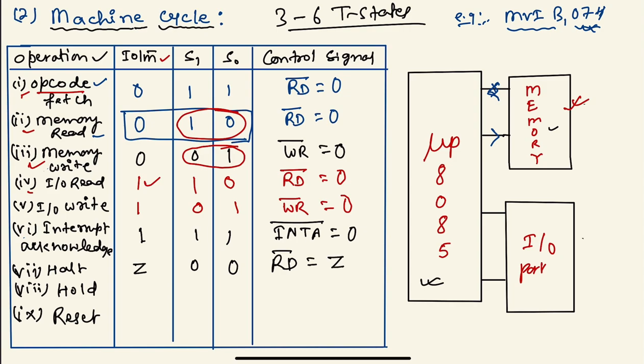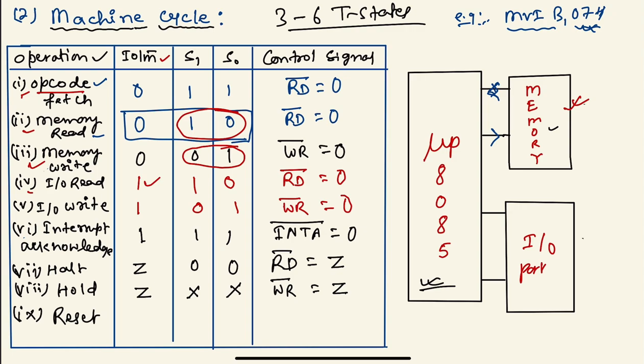Similarly, for the hold operation, the status of IO/M bar is Z, that is the high impedance state, and S1 is don't care, S0 is also don't care, and the control signal write bar is also in the high impedance state as Z. For reset, this is also more frequently used. Whenever you change from one program to a new program, before going to the new program we have to reset the system, we have to reset this microprocessor chip or module.